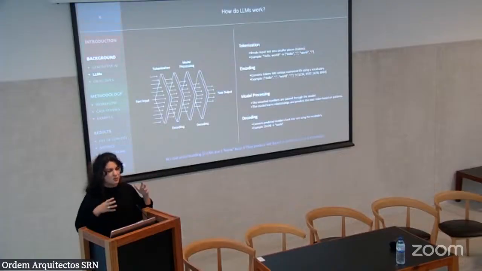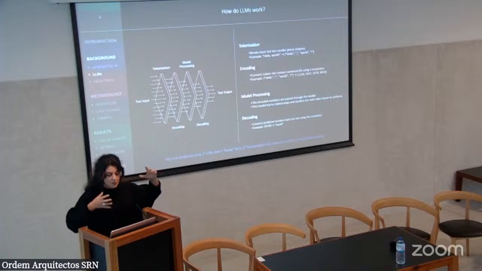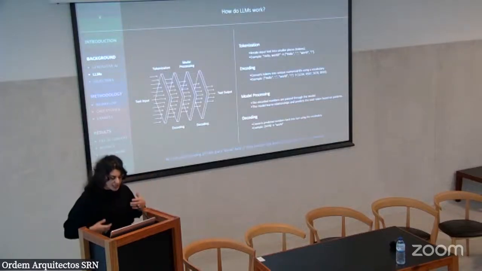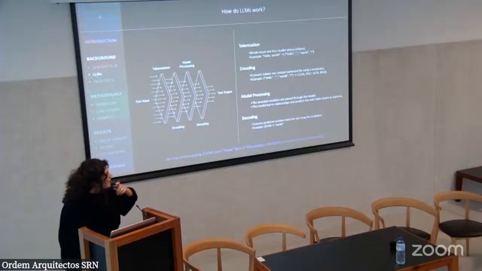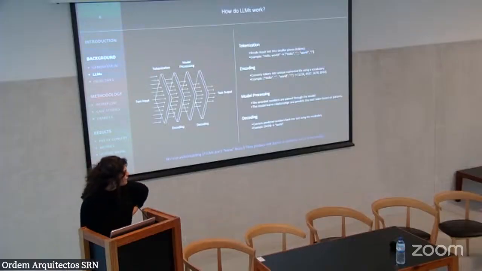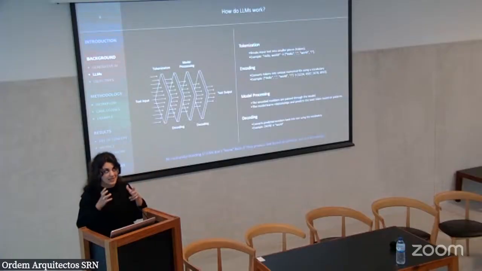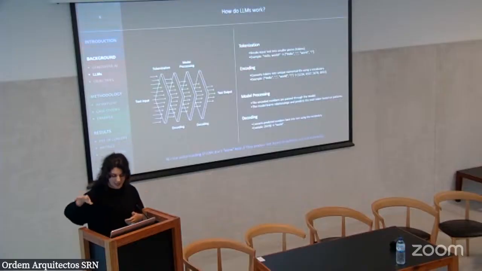They convert them into vectors, which are numbers in a multidimensional space. After the encoding, we have the model processing, which, based on all the patterns it has been trained on, predicts the next vector, and then translates this back to a word. This happens so quickly that we just see a text generating ahead of us.